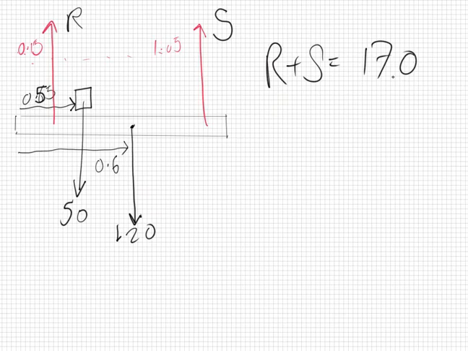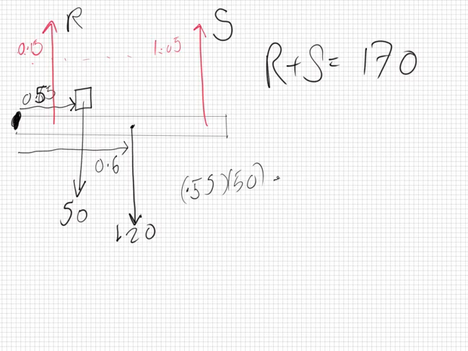The turning force. So, firstly, let's do the clockwise. Is it clockwise or anti-clockwise? No, anti-clockwise, if I take it from here. What about this one? Clockwise. So 0.55 times 50. What about this one?